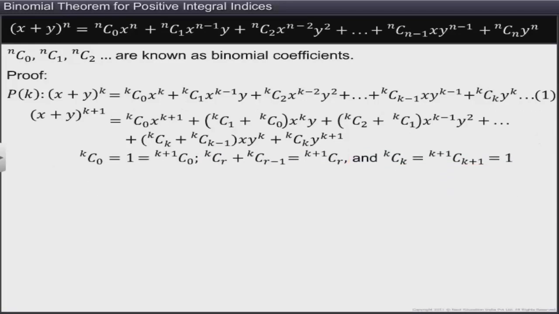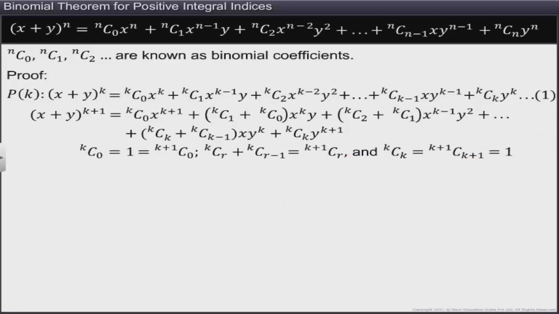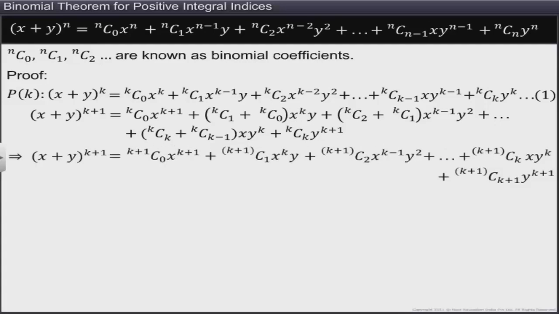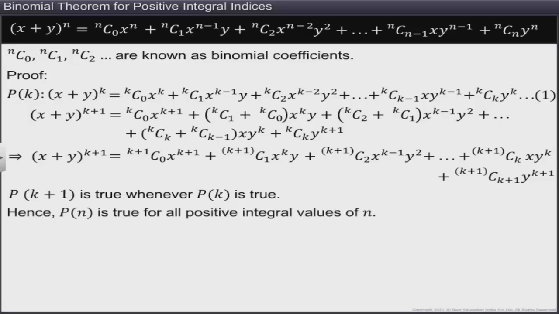Using them, the expression can be rewritten as shown. We observe that P(k + 1) is true whenever P(k) is true. Hence, P(n) is true for all positive integral values of n.